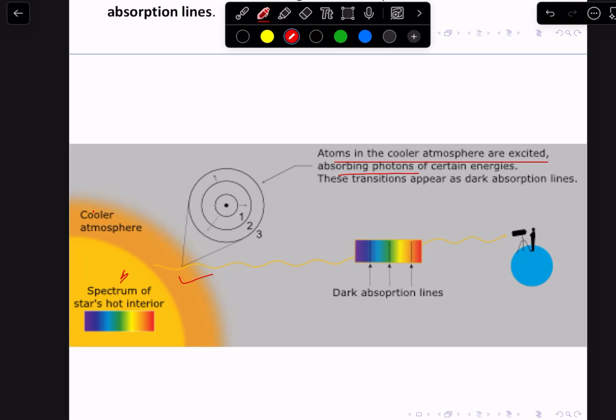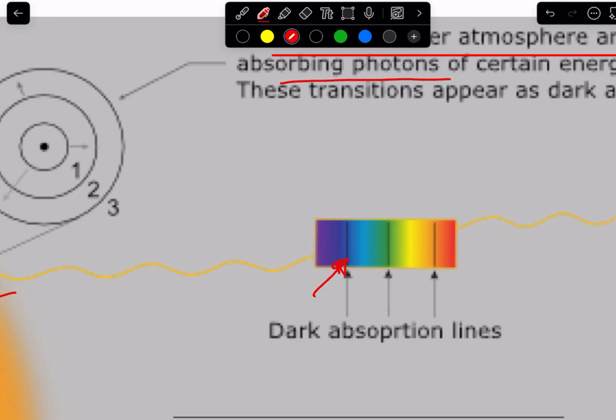When hydrogen absorbs the photon or some of the energy, it absorbs energy at a specific frequency or wavelength. As that energy is already absorbed, we cannot see the light of that specific wavelength or frequency.